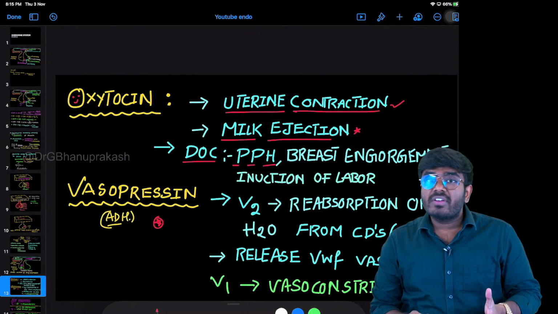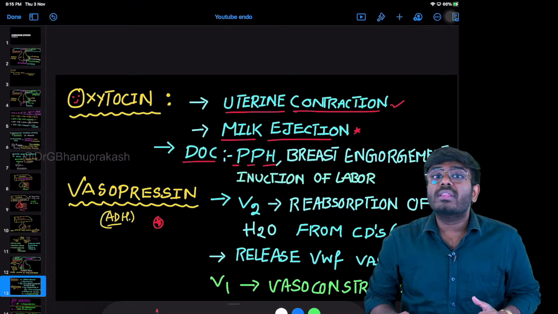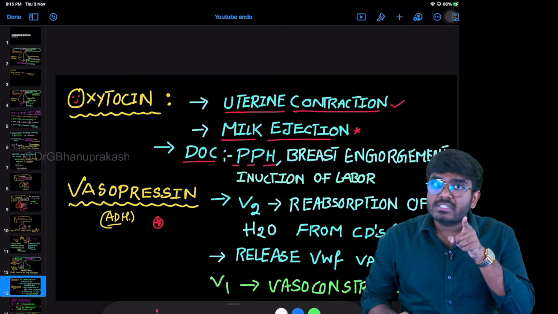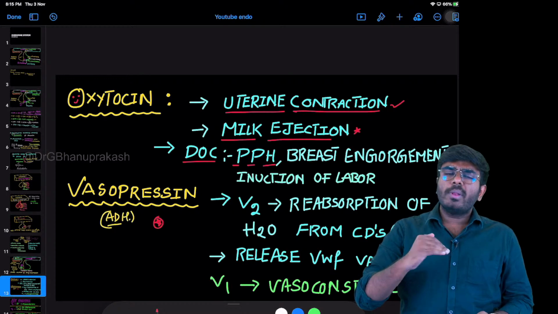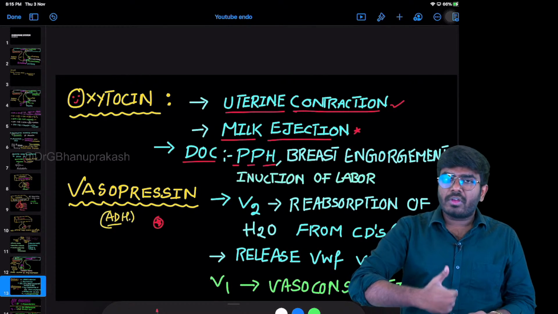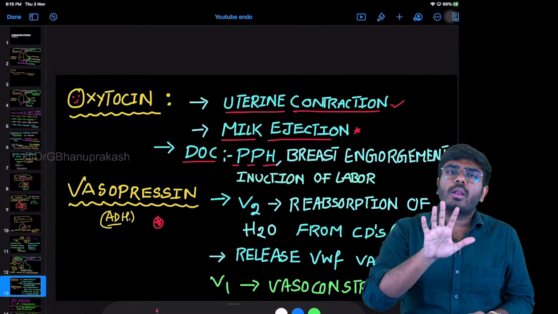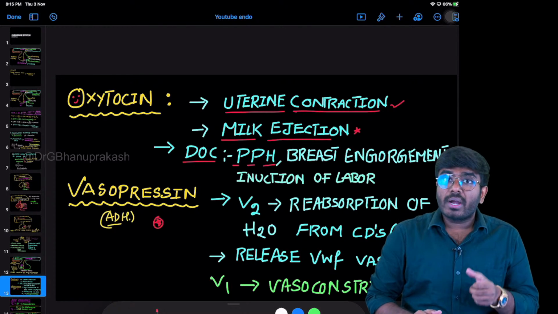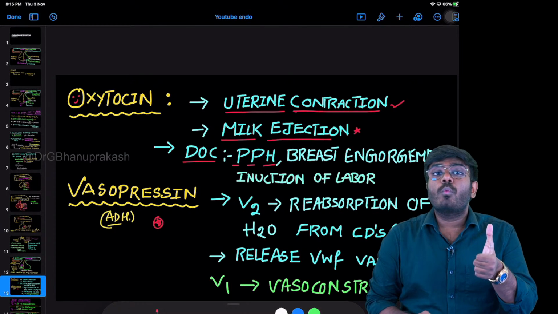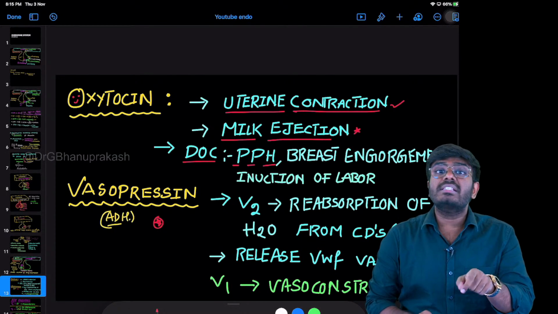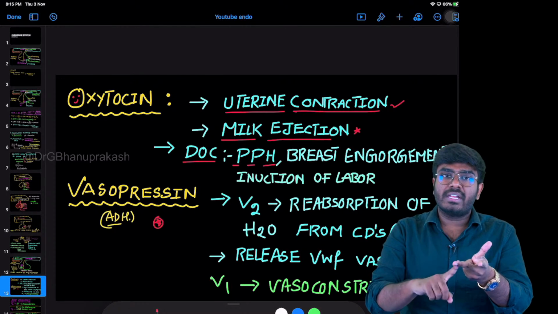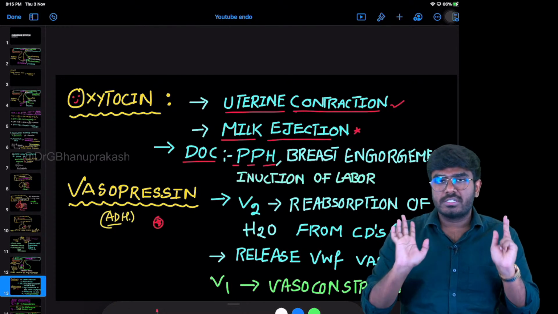But in a normal vaginal delivery, if there is loss of more than 500 ml of blood, that is called postpartum hemorrhage. Normally during C-section, you are cutting, and normally 1000 ml of blood will be lost. But during C-section, if there is loss of more than 1000 ml of blood, that is called postpartum hemorrhage. After delivery, there is hemorrhage.